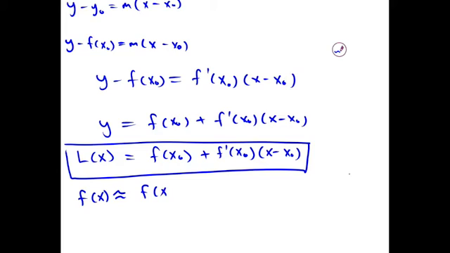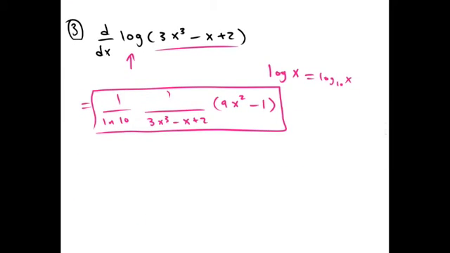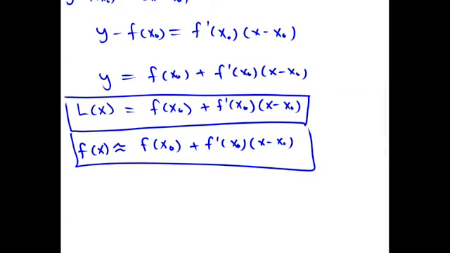So f of x is approximately equal to f of x0 plus f prime of x0 times x minus x0. And this is the local linear approximation for f.